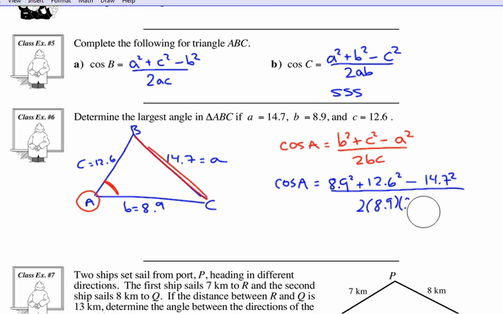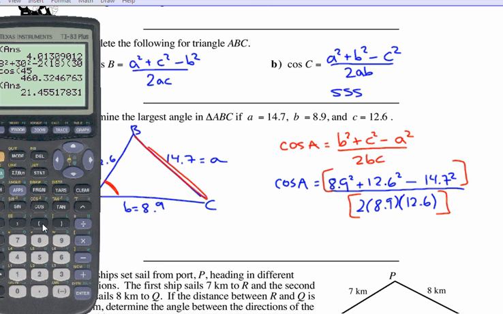Now, where students make a mistake is punching this into their calculator. If we're going to punch this in all at once, remember you need invisible brackets around your numerator and denominator. You want to hold in your numerator and hold in your denominator. You don't want anything to fall off the sides. So we start with a bracket, 8.9 squared plus 12.6 squared minus 14.7 squared.